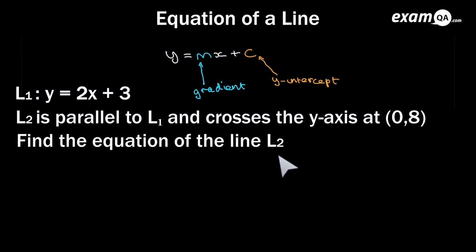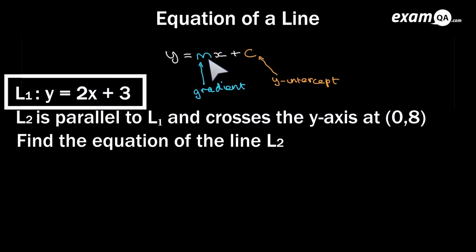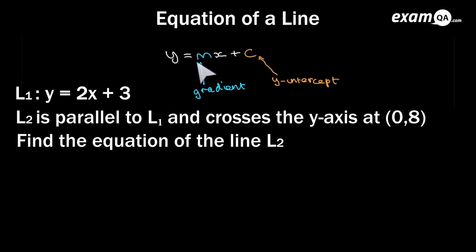And if you remember from before, when you know two lines are parallel, what it's telling you is that the gradients must be the same. Parallel lines have the same gradient. So let's look at L1 and see what the gradient is, since we know that L2 is going to be parallel to L1.